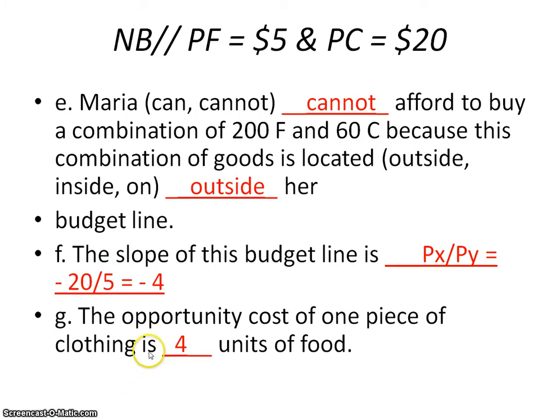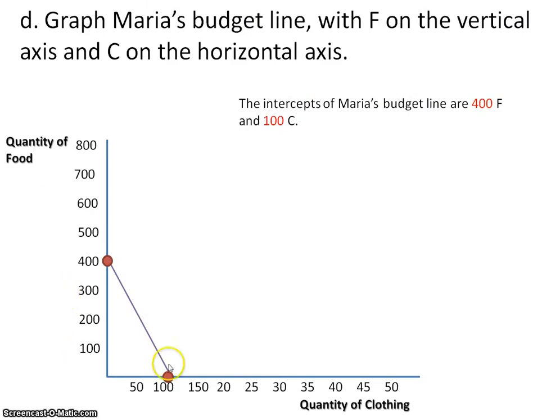What is the opportunity cost of one piece of clothing? Remember, clothing is on the x-axis and food is on the y-axis. Each time we increase the units we consume of clothing, we have to decrease the units of food.